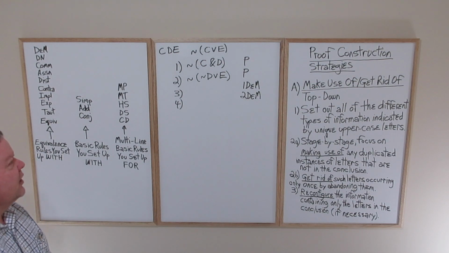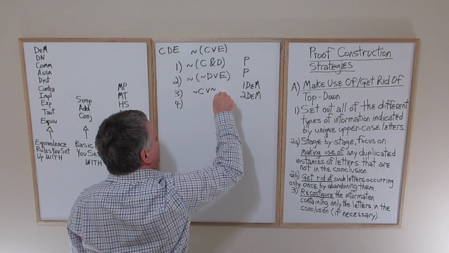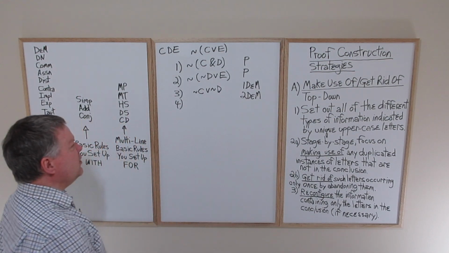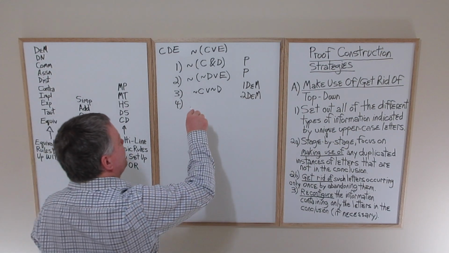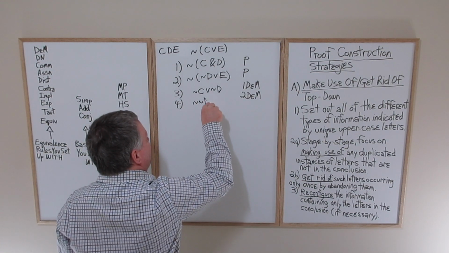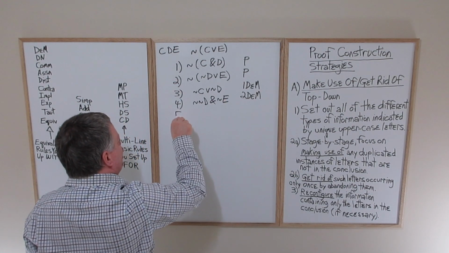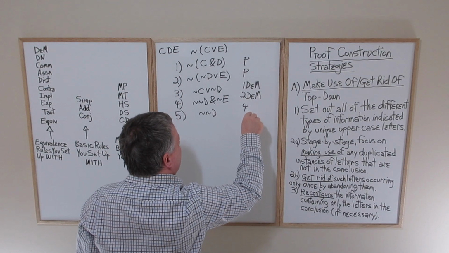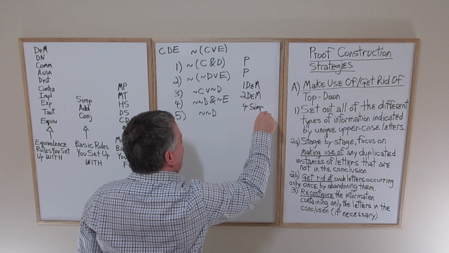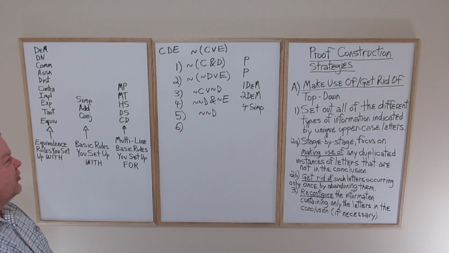The first one, on a negated conjunction, is going to give us tilde C or tilde D. The second one, on a negated disjunction, with one of the disjuncts negated, is going to give us tilde tilde D, and tilde E. So we can snap off tilde tilde D, a simplification step that sets us up for a disjunctive syllogism.